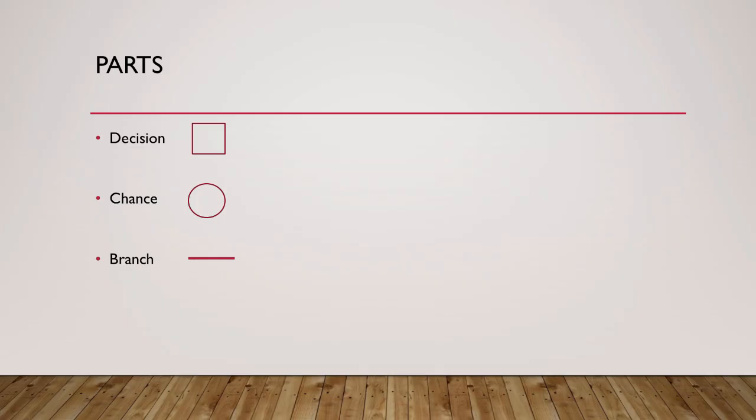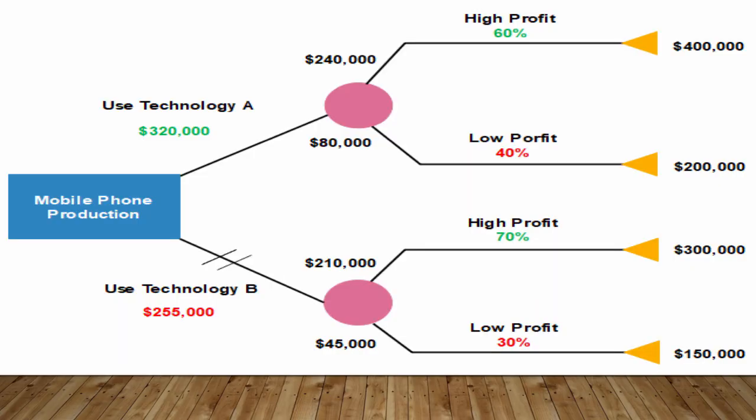And then we've got all these branches coming off of all of those. So we're thinking of an actual tree. We've got the trunk, that's our decision. And then we've got these branches coming off of these probability chance circles. If that didn't make any sense whatsoever, here is a pretty simple decision tree laid out for you. We've got this square area, and I've got mobile phone production. That's my decision.